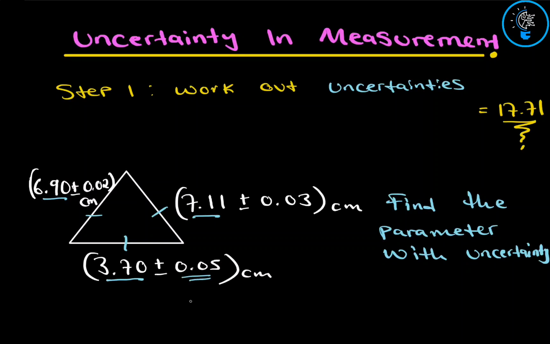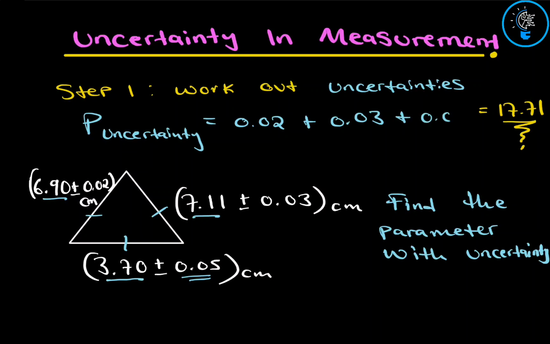We know that because they are written as decimal numbers. So these ones are absolute values, and you just add them. So we are saying parameter at the uncertainty side will be equal to 0.02 plus 0.03 plus 0.05.